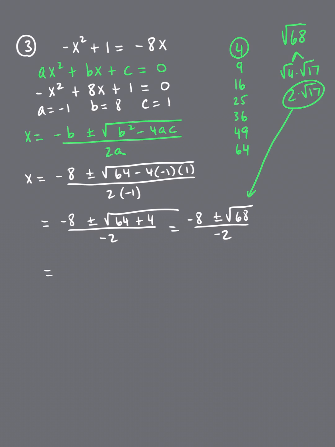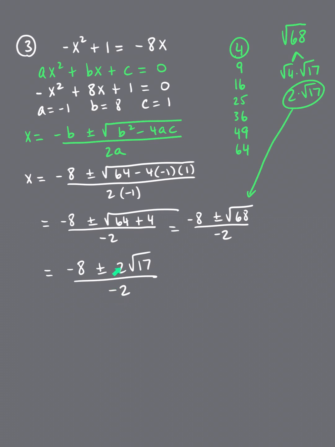So this is going to equal negative 8 plus or minus 2 times the square root of 17 all over negative 2. Now we've simplified the square root as much as possible, but we haven't simplified this whole entire thing as much as possible, because now we can divide negative 8 by negative 2 and 2 by negative 2.